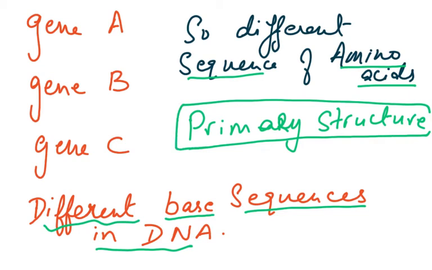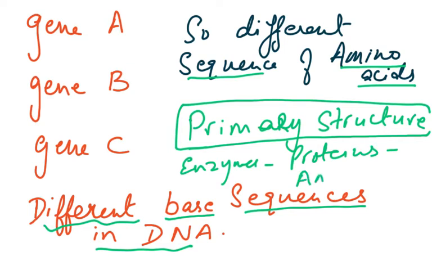So we know enzymes are proteins, and proteins are made up of amino acids. Now how is it possible that three different enzymes have three different active sites?